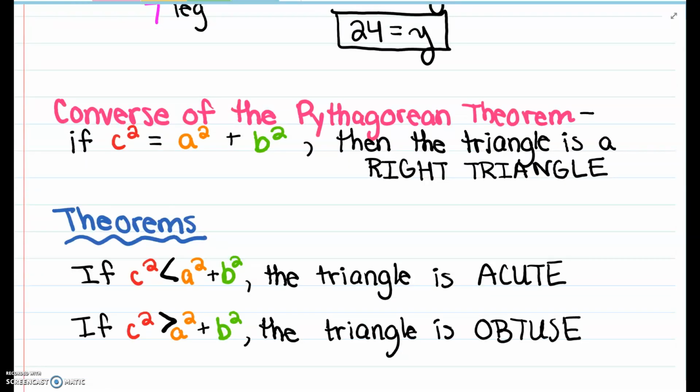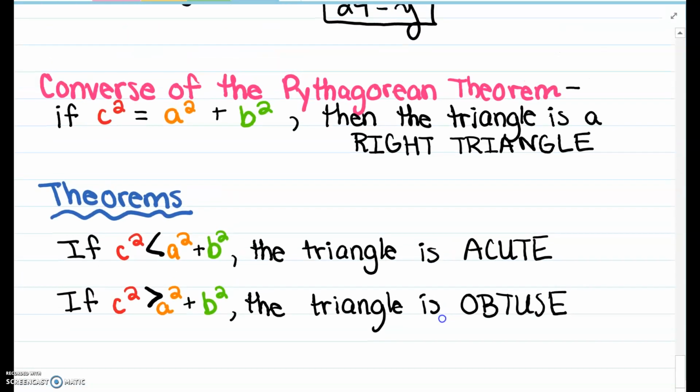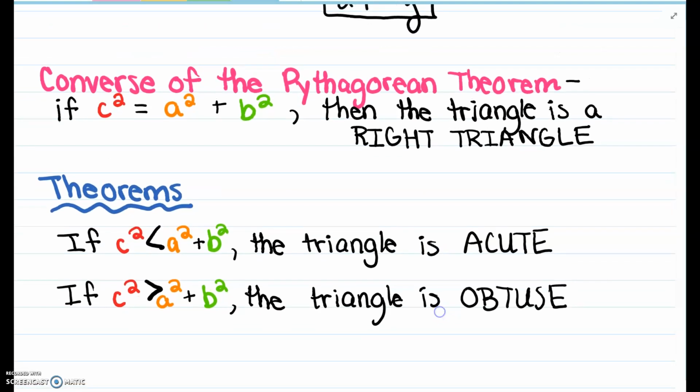Now let us talk about the converse of the Pythagorean theorem. This states if the square of the length of one side of the triangle is equal to the sum of the squares of the lengths of the other two sides, then the triangle is a right triangle. So if c squared equals a squared plus b squared, then the triangle is a right triangle.